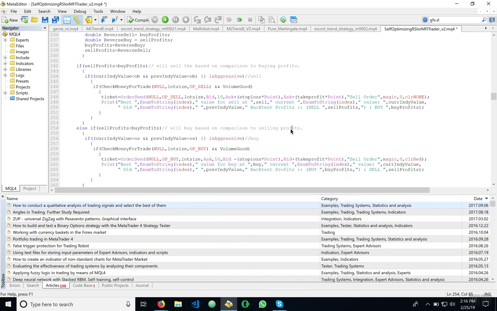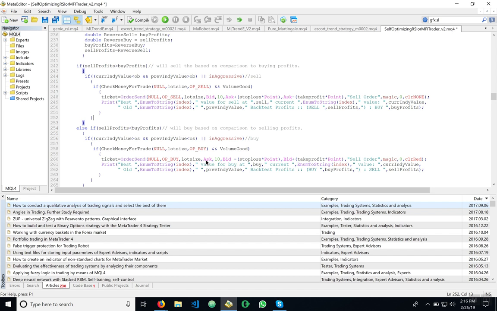So based on what is occurring in the overbought oversold, if the sell profits for this particular trade are greater than buy profits, then it initializes a sell at this period, which opens up a ticket or the send, and it will execute the sell order, and vice versa: if the buy profits are greater than the sell profits, it will execute a buy at that particular trend or position.